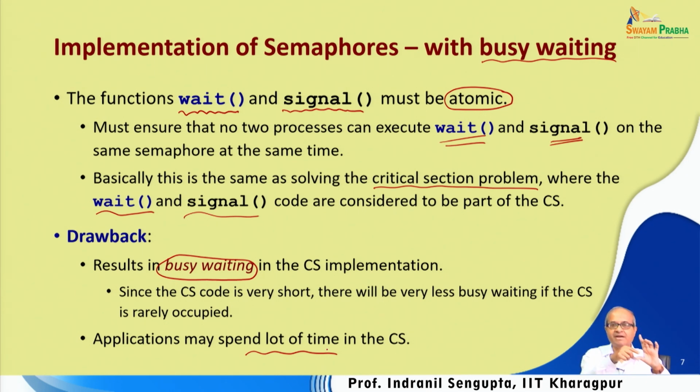But inside that there is again a small critical section problem coming in, because wait and signal, they are both updating a common shared variable, the semaphore. So, that has to be protected as well. So, there is a second level of a critical section problem coming in with a very short critical section there, s plus plus or s minus minus, that is the only part. Okay? This is what I am trying to say.